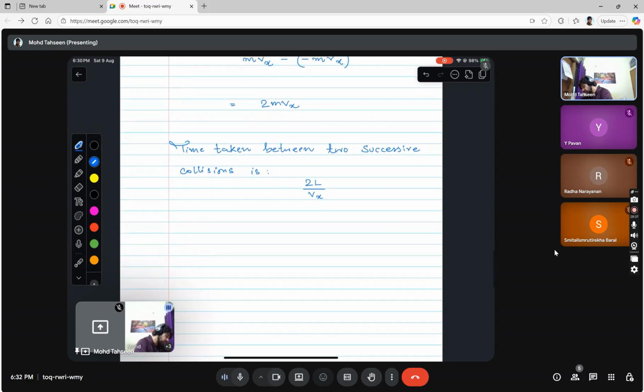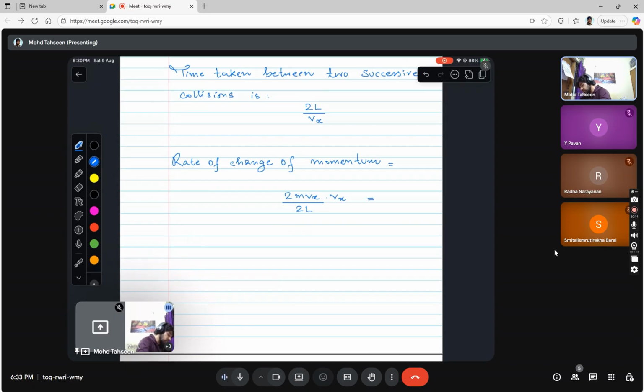And now what is the rate of change of momentum? In this time interval that we calculated, this is the momentum change that's happening from the wall's perspective, right? So the total rate of change of momentum would be equal to twice mvx divided by 2L, and then v of x will be multiplied here, right?